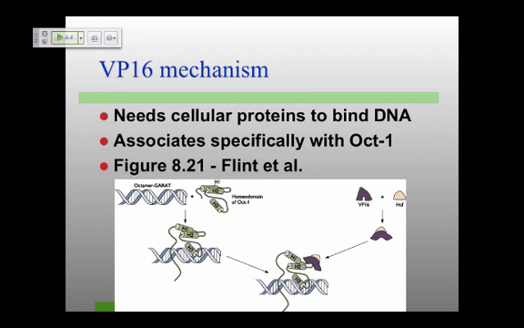Well, the way that works is that it needs cellular proteins to bind to DNA, and these are cellular proteins which are usually transcriptional regulators in and of themselves. So this is the OCT1 protein, which has a homeodomain, the eukaryotic equivalent of the bacterial helix-turn-helix DNA binding motif. So homeodomains bind to DNA.